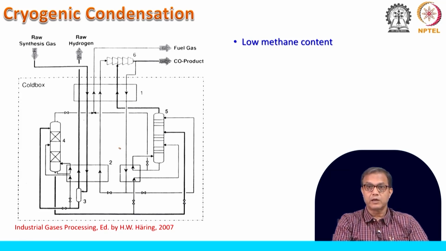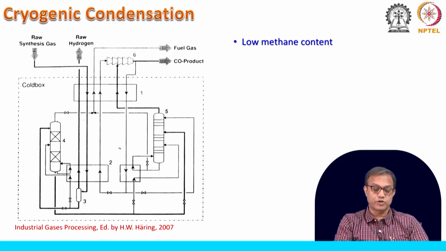Along with that, it is not that every amount of the methane, for example, in the natural gas, is getting utilized. So, that means some amount of methane may come along with the product. So, depending on its quantity, we decide whether we should go for this cryogenic condensation or we should go for methane scrubbing.